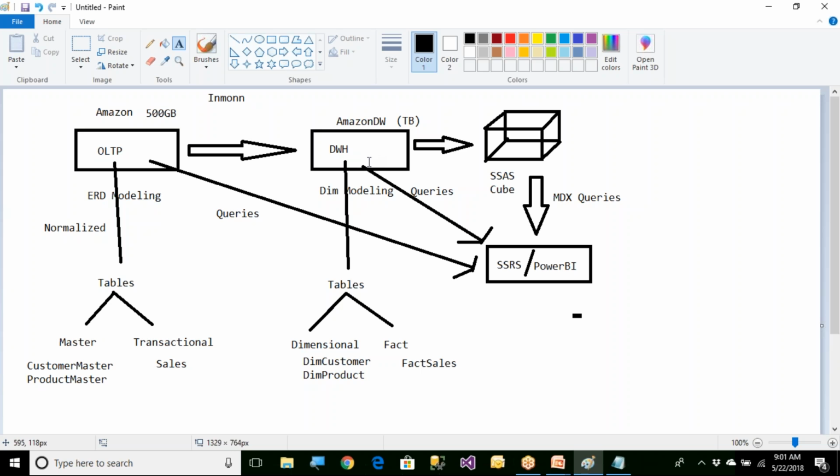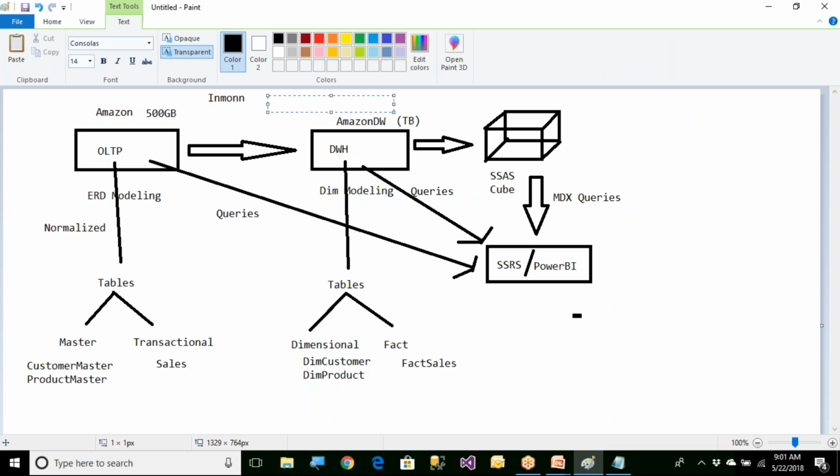So the data warehouse will have more normalized tables in the Inmon approach. This is where a lot of people got issues, and when you have the normalization concept, the data warehouse will become slow. So later we got Kimball in the 1990s.